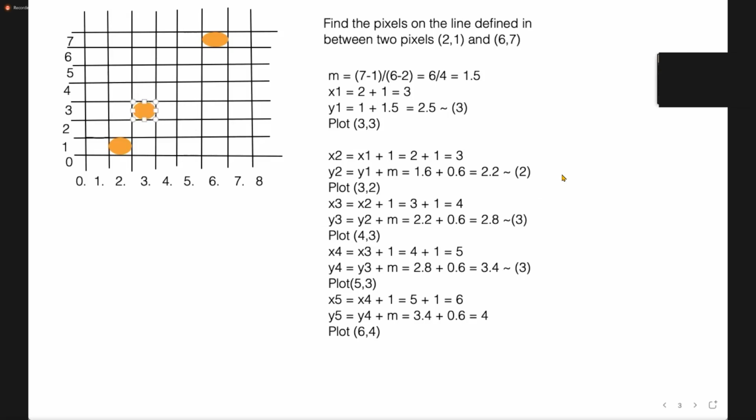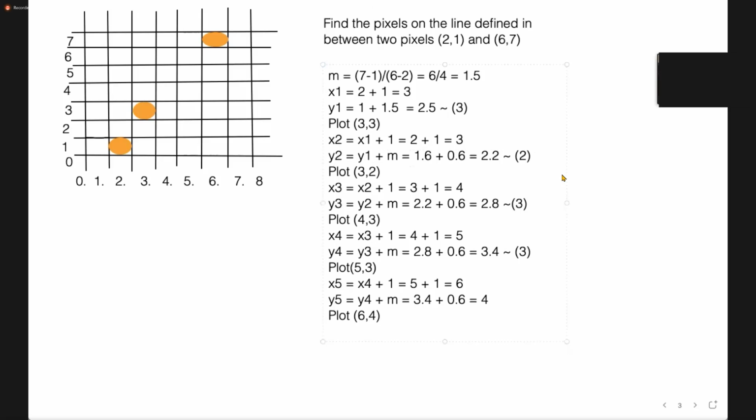Now next one, x2. x2 is x1 plus 1. x1 is 3 now, 3 plus 1 is 4. y2 is y1 plus the same. y1 is not 1, it is 2.5. 2.5 plus 1.5, how much is it? 4.